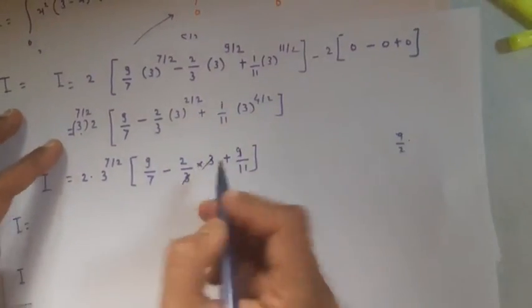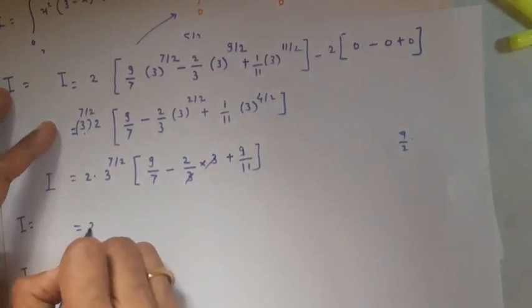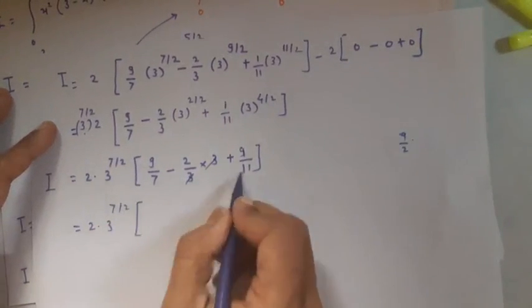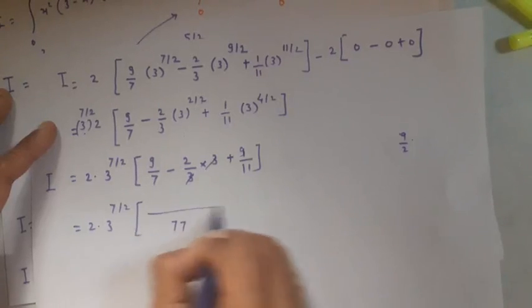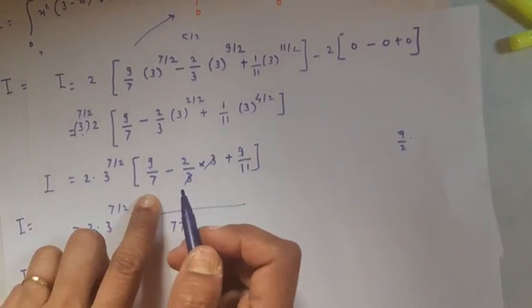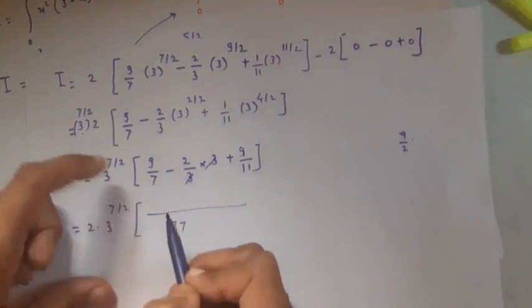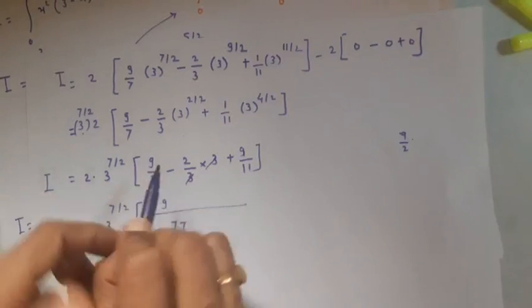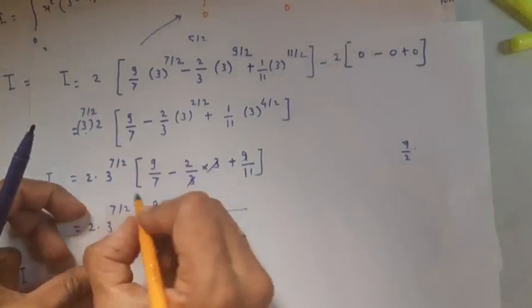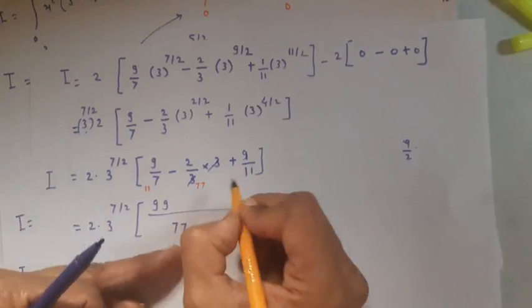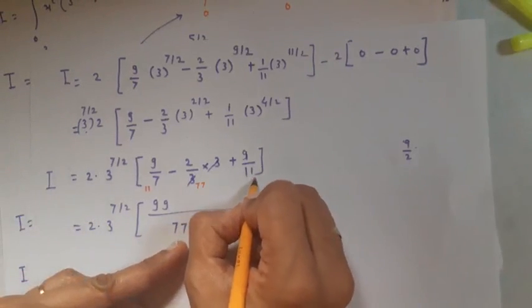Okay, and now these 3 get cancelled. This is equal to 2 into 3 raised to 7 by 2. The LCM will be 77. We have to multiply here by 11, here with 77, and here with 9.